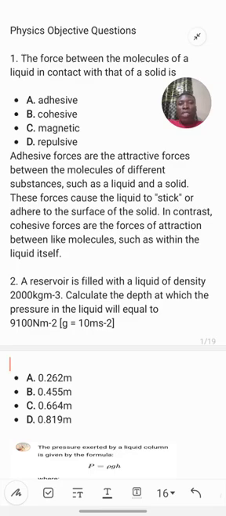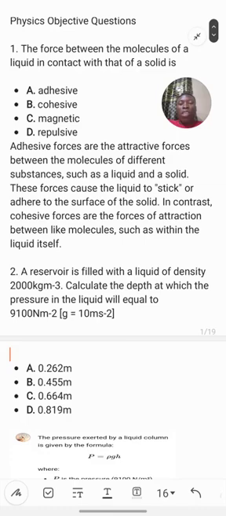The first question is: the force between the molecules of a liquid in contact with that of a solid is, we have adhesive, cohesive, magnetic, repulsive. Now you remember that adhesive forces are the attractive forces between molecules of different substances.